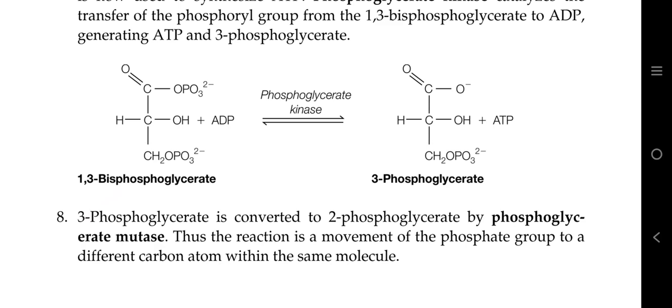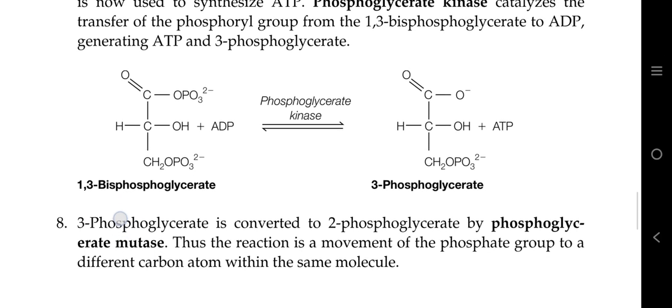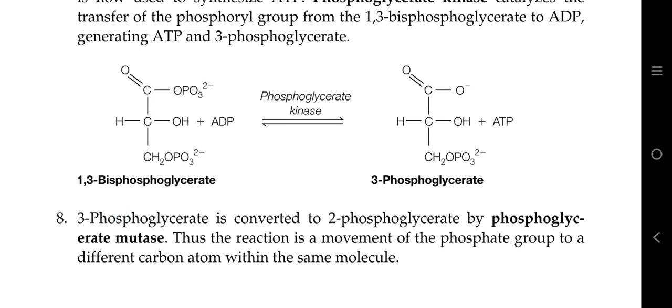So the next reaction is the conversion of 1,3-bisphosphoglycerate into 3-phosphoglycerate. So in this reaction ATP is going to be produced. The cell is going to transfer this phosphoryl group at the first carbon and add it to the ADP, and as a result we get an ATP molecule and 3-phosphoglycerate.